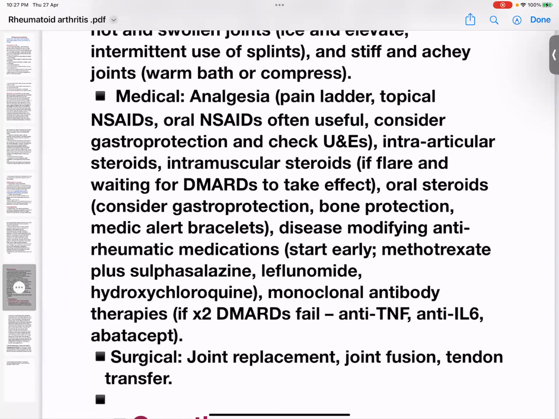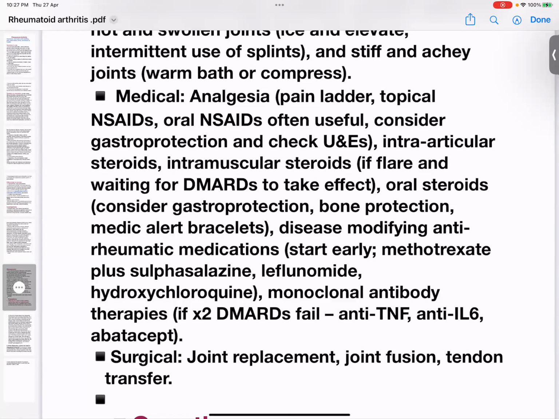Intra-articular steroids, intramuscular steroids in case of flare, while waiting for disease-modifying anti-rheumatic drugs.